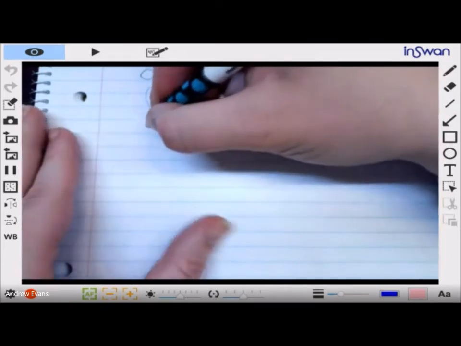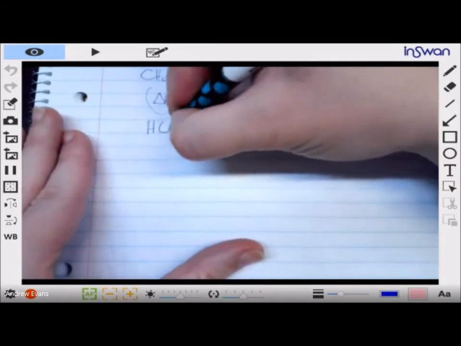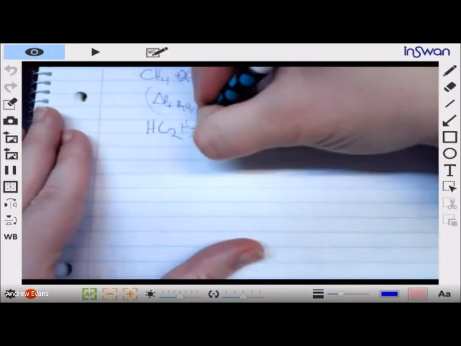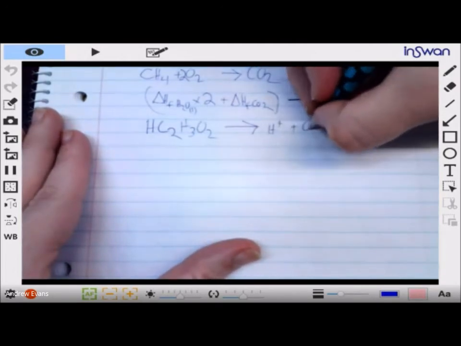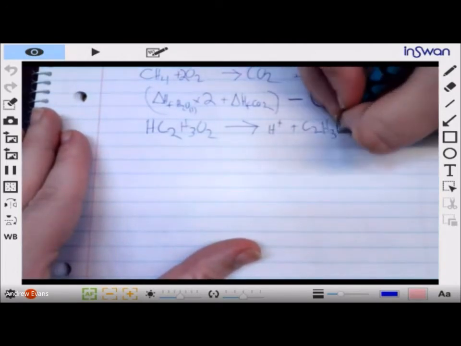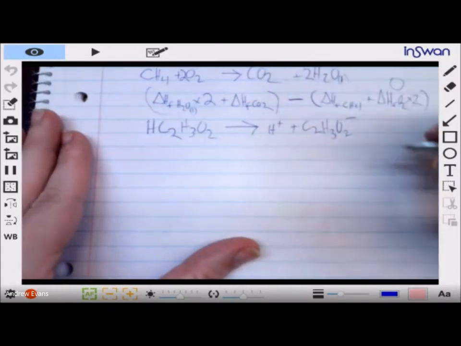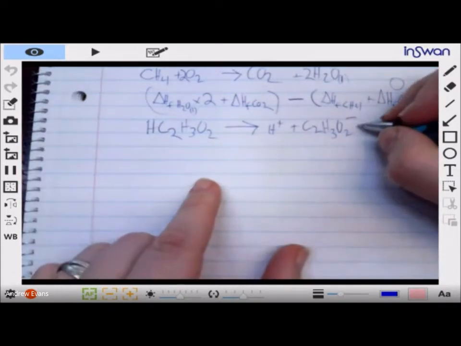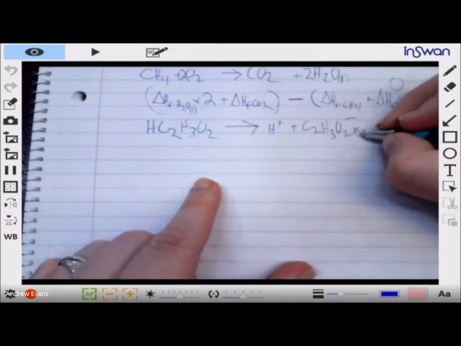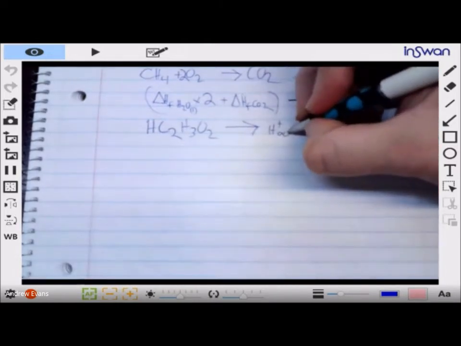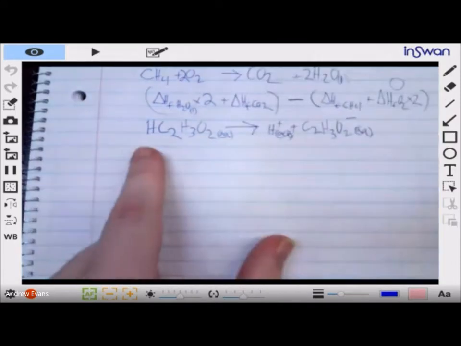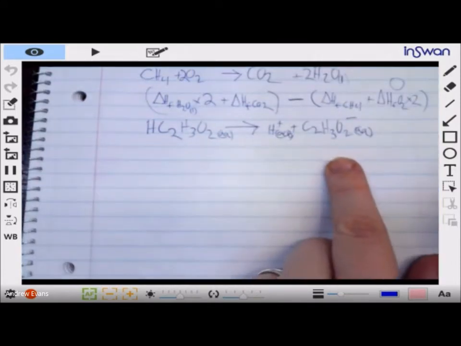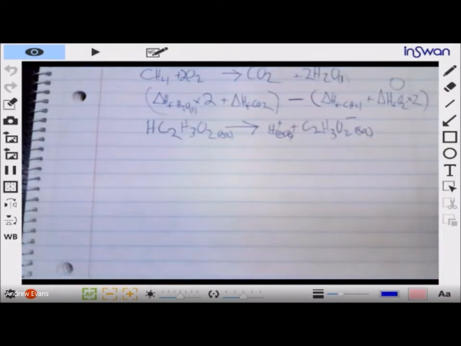I want this hypothetical reaction, HC2H3O2 goes to H plus and C2H3O2 minus. However, the actual yield of this is incredibly low. This is a weak acid, a weak electrolyte. It doesn't break apart, and so trying to calculate the delta H of that is not practical.